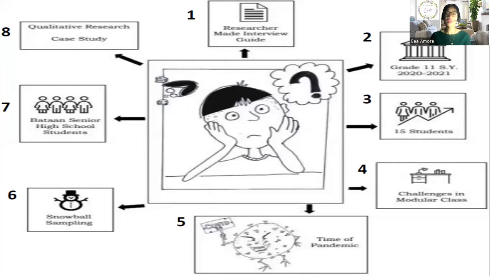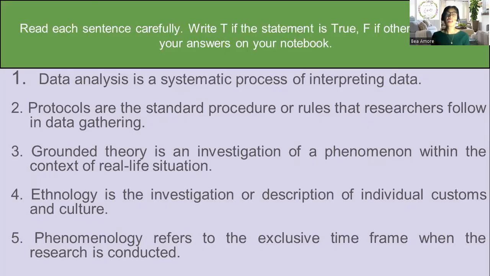After answering, read each sentence carefully, write true if the statement is true, and if false, write false or letter T and F only. Number one, data analysis is a systematic process of interpreting data. Number two, protocols are the standard procedure or rules that researchers follow in data gathering.